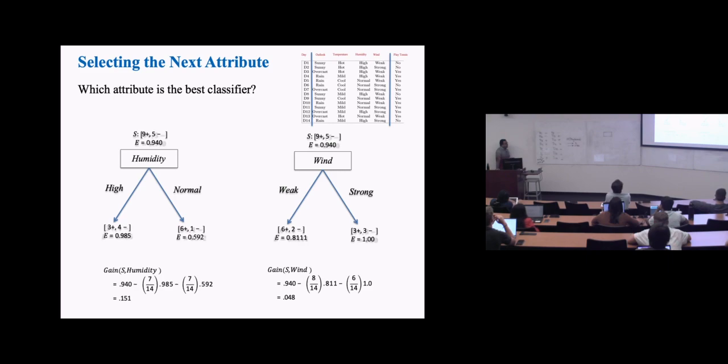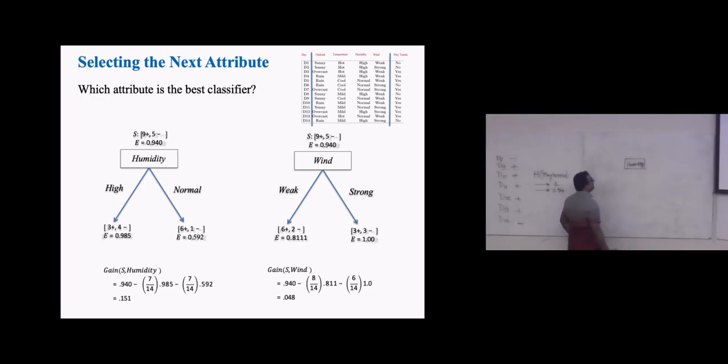Okay, so now the question is which attribute to split on. You see two examples here. We need to consider all four of them, but let's consider if we had chosen humidity, what would happen? We want to compute the entropy reduction, the information gain of humidity.